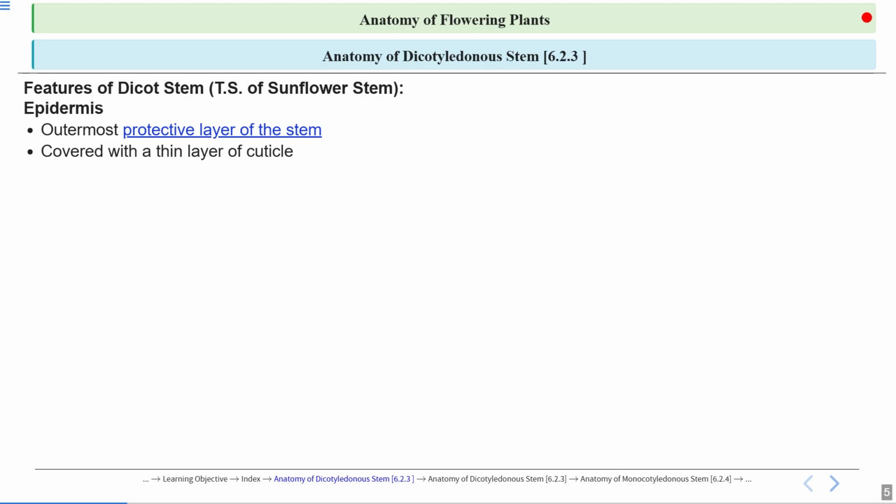Cuticle is a waxy coating substance that is present on the outer surface of the epidermis, right? So that is the cuticle. And stems may bear trichomes and a few stomata. We will see what the trichomes are and what the stomata are. We have already talked about the stomata structure, right?